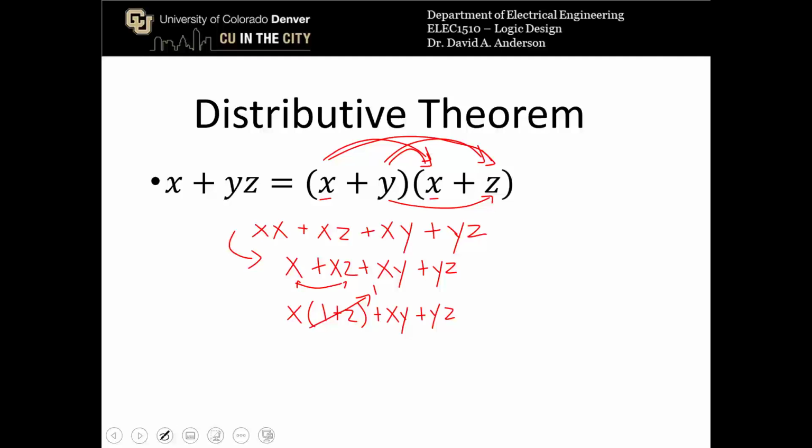So this comes out to be x or xy or yz. And now I can pull the exact same trick on this term and the second term, xy. I can factor out an x, and then I get 1 plus y, and then the 1 plus y just becomes a 1. And so in total, this will become x plus yz.